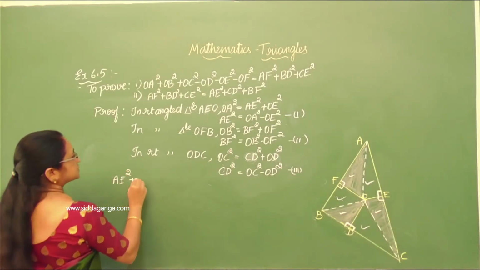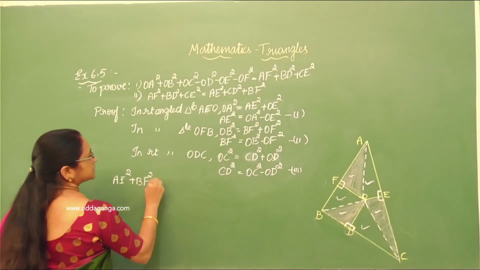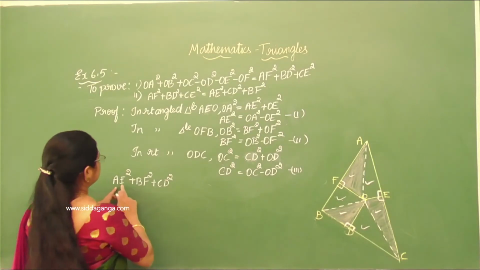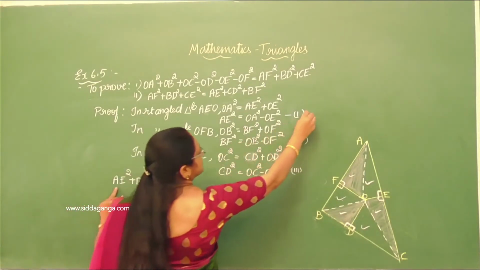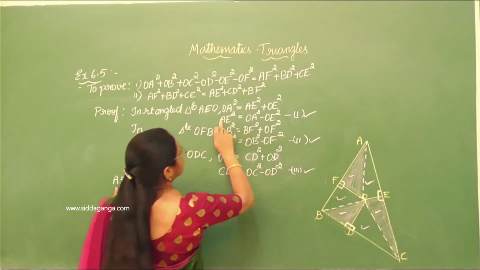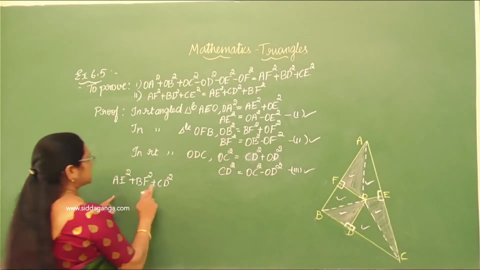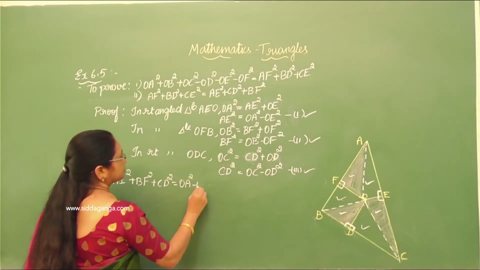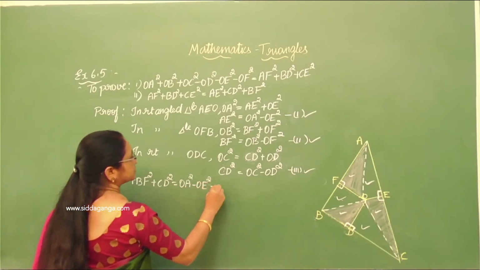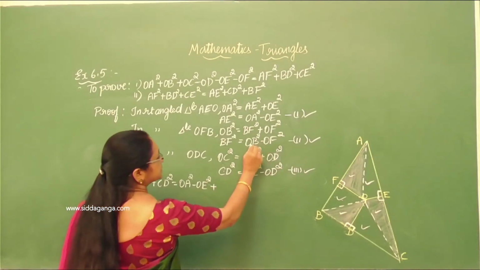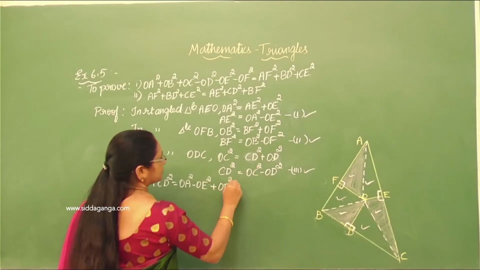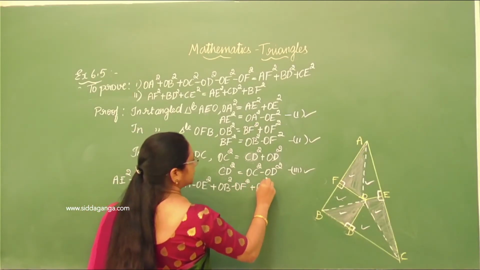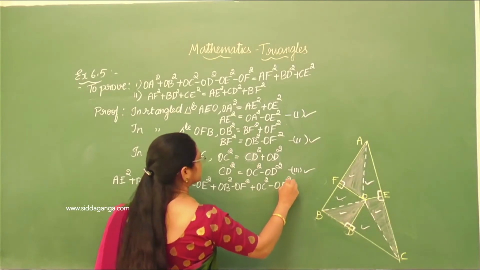AE square plus BF square plus CD square, I have added these 3 equations, is equal to OA square minus OE square plus OB square minus OF square plus OC square minus OD square.